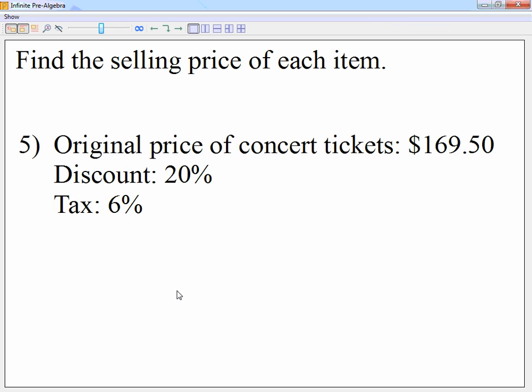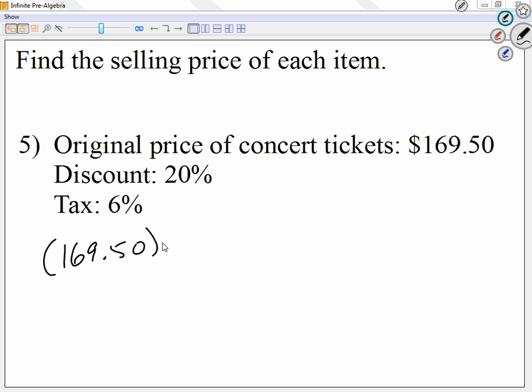And then I even changed things when we were covering this. Let me take a look at number 5. I'll give you guys a price with a discount and with tax. The way we did this, I went 169.50, which is the original price. I don't care what's 20%. I care what's 80%. So I'm going to multiply this by 0.80. And then with taxes, I don't care what 6% is. I care what's 106%.